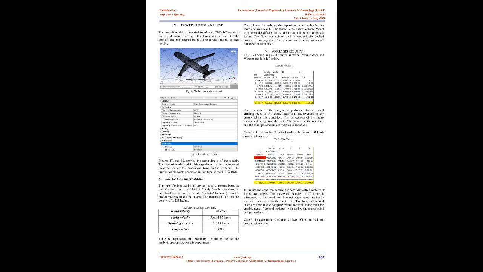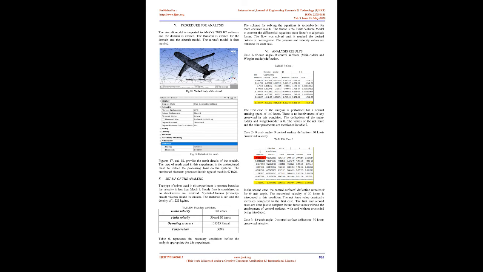Table 6 represents the boundary conditions before the analysis appropriate for this experiment. The scheme for solving the equations is second order for more accurate results. Fluent uses the finite volume method to convert the nonlinear differential equations to algebraic forms. The flow was solved until it reached the desired criteria of convergence.